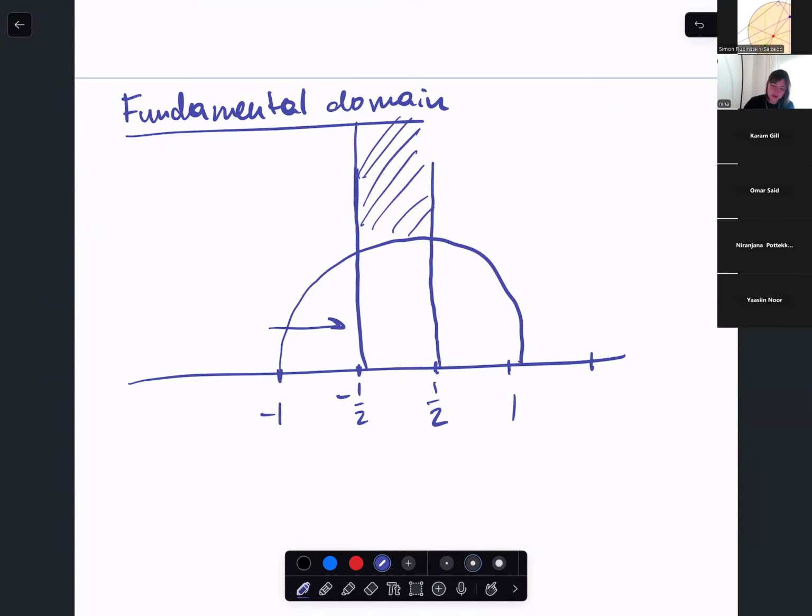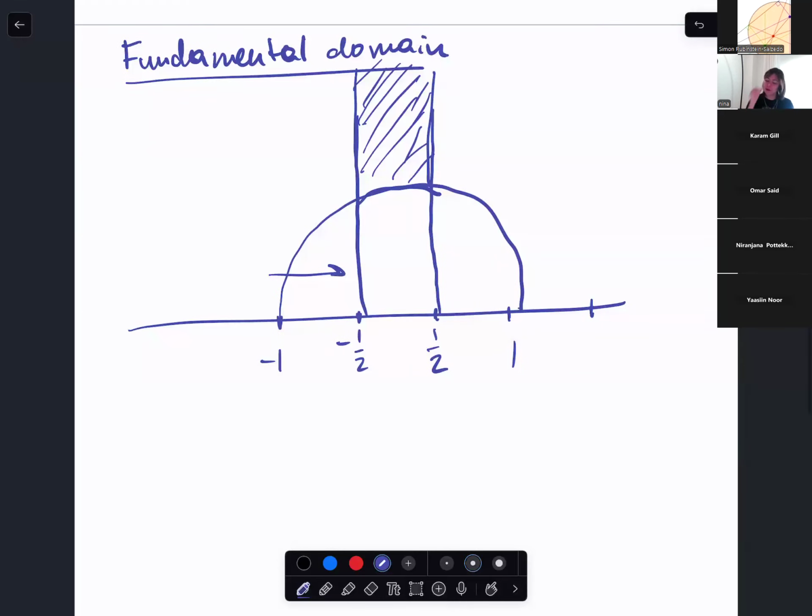So there's something called the fundamental domain for SL2Z, which is this region intersected with the strip between minus 1/2 and 1/2, and the circle between minus 1 and 1. As long as we know what the function is within this region, we know what it is everywhere. So this is called the fundamental domain for an action of a group on something.